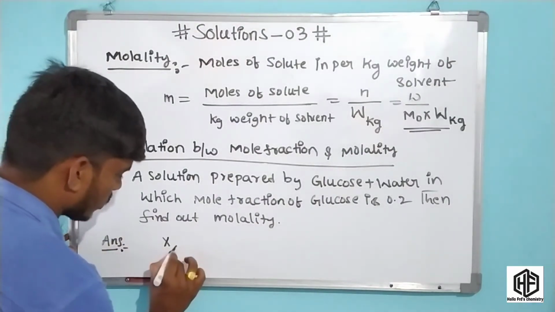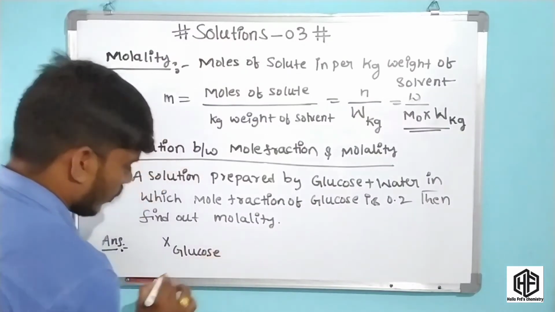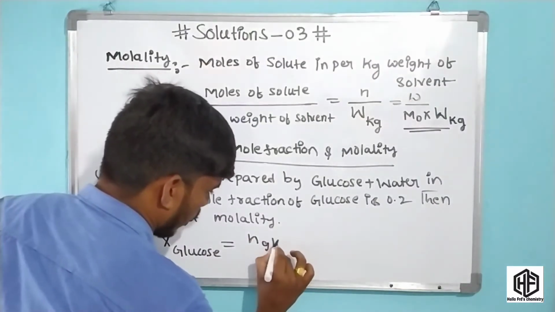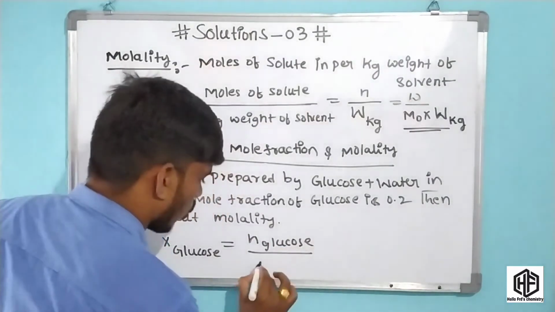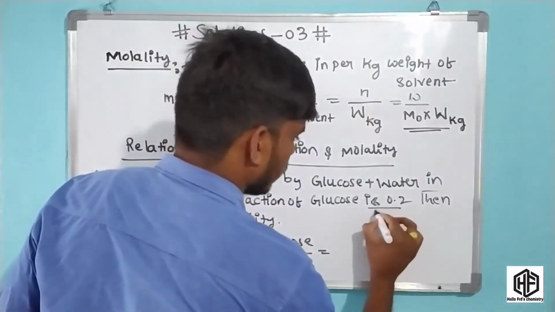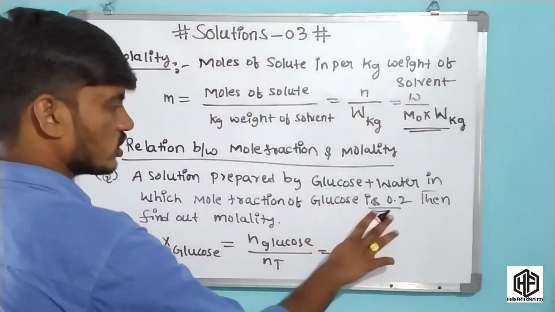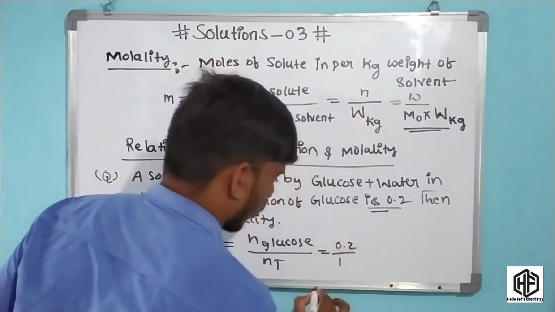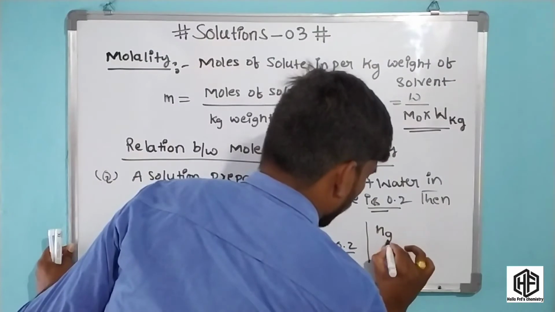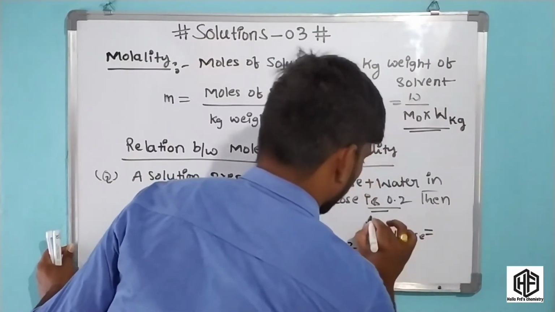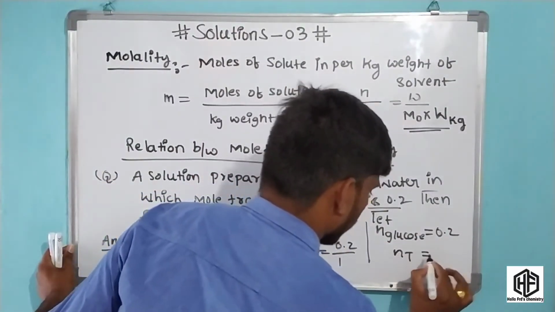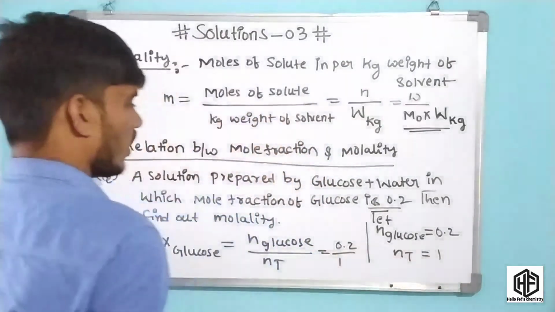Mole fraction of glucose is the number of moles of glucose, called n, divided by total moles, which is equal to 0.2. So 0.2 by 1 is equal to 0.2. Let the number of moles of glucose be 0.2 and the total number of moles be 1. This is given in the question.